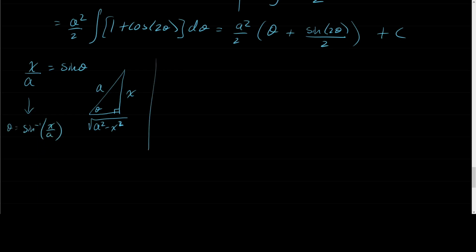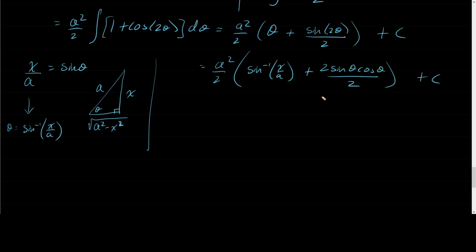So let's see how that helps us here, right? Because I can't leave things in terms of theta. So I have a squared over 2 times theta was sine inverse of x over a plus sine of 2 theta. Well, I can't do anything with that yet. So let's write it as 2 sine theta cosine theta. And we have that over 2 and plus c. Well, these twos cancel out.